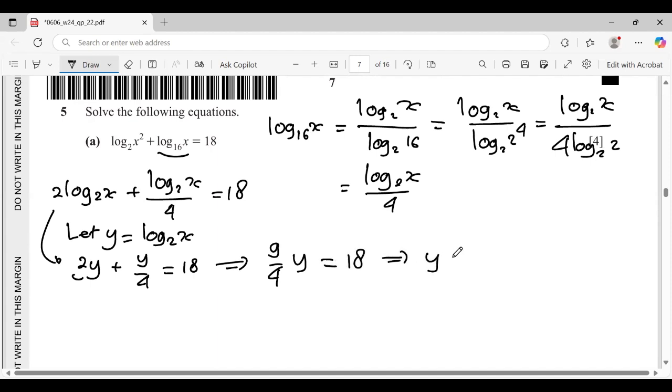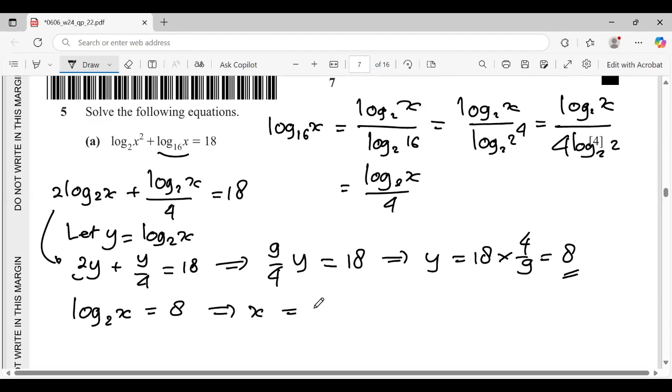So it means y equals 18 times 4 over 9, which means 8. y equals 8. If y equals 8, so log base 2 of x equals 8. So it means x equals 2 to the power 8, and this is 256. So this is the value of x.